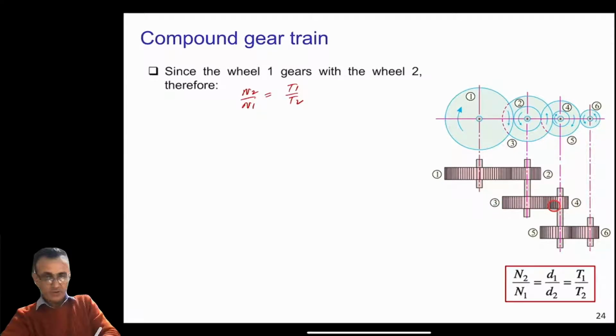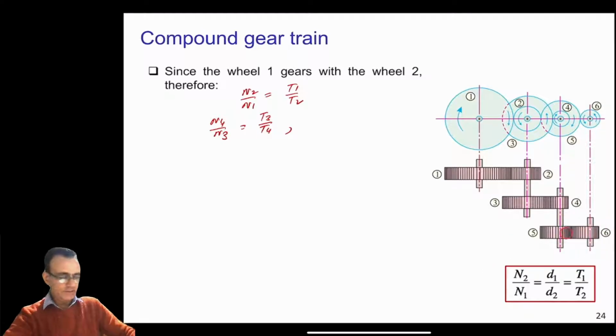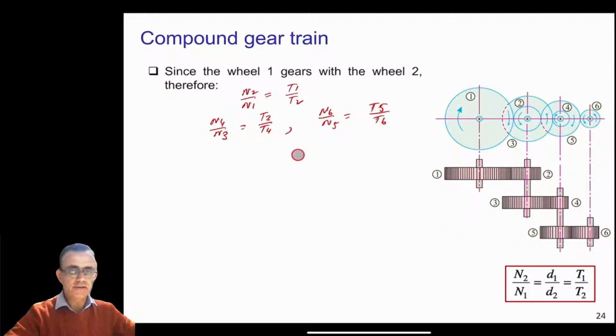So you can write that N4 divided by N3 is equal to T3 divided by T4. And similarly, these two are meshing with each other, so you can write N6 divided by N5 is equal to T5 divided by T6. So you can write these equations here.